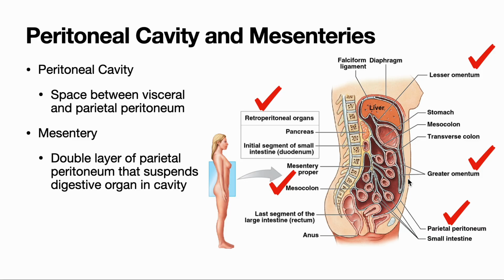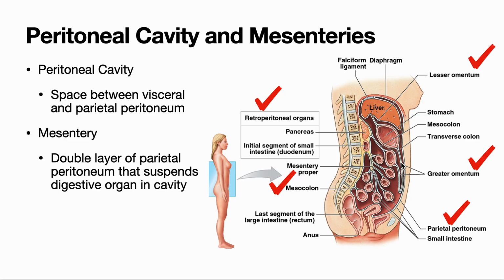Another important piece of the mesentery is this area right here where you see this fold of the mesentery. This is called the greater omentum. It is where we store a lot of excess lipid. So this is a pretty good energy reserve right here. It's what we call visceral fat.